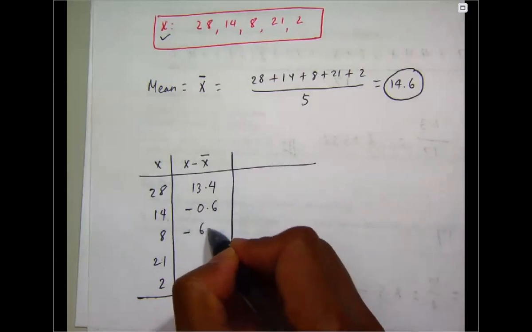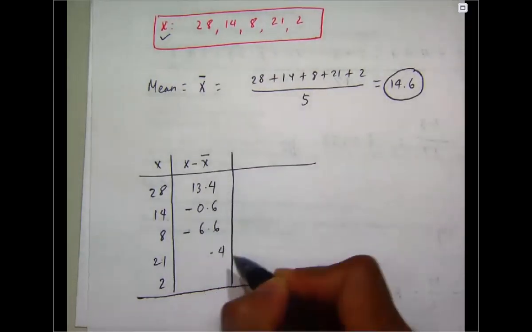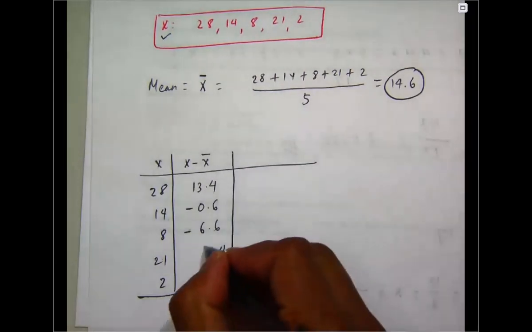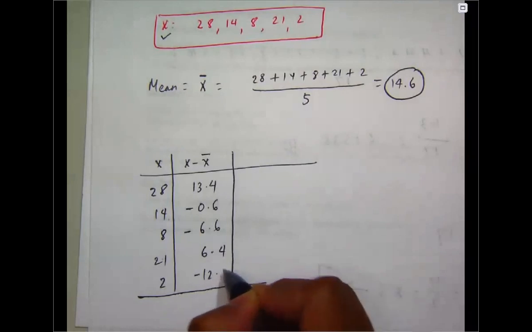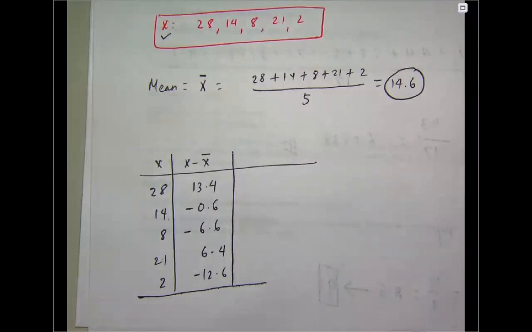Okay. 21 minus 14.6, second, it should be 6.4, right? 2 minus 14.6, negative 12.6. You can also write down this data in order, from lower to higher or higher to lower, but it doesn't matter because you're not trying to find the median.